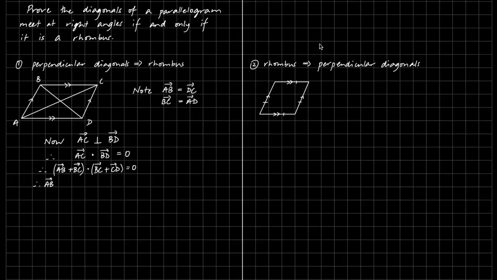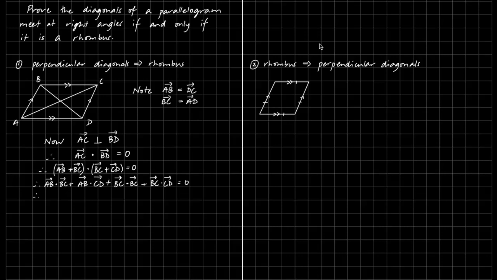AB dot BC plus AB dot CD plus BC dot BC, the dot product of BC with itself, and the final one is BC dot CD. Alright, so all of that must equal 0.